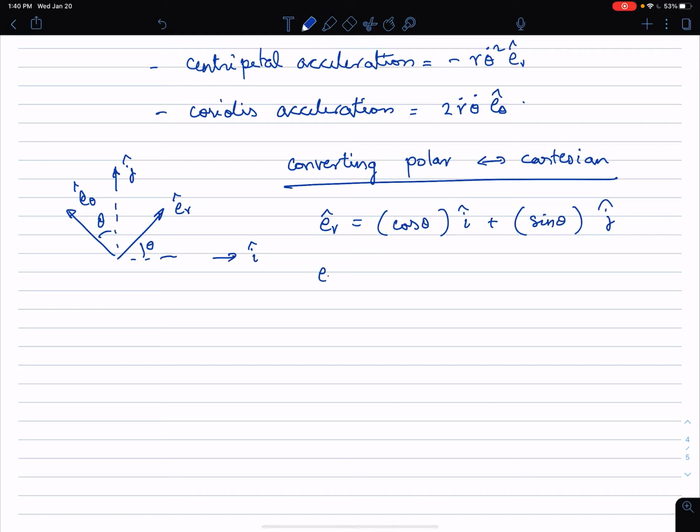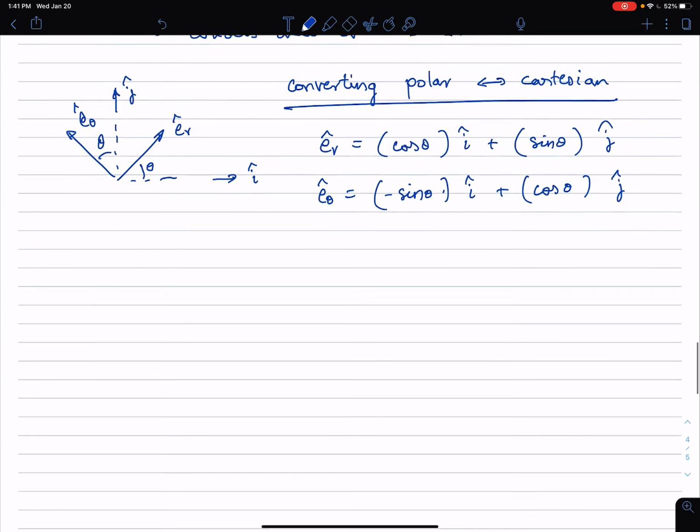And for e_theta, similarly, you can write it like this. Its component along the j direction is in fact cosine theta. Its component along the i direction is sine theta, but it's along the negative direction of i, so it's actually minus sine theta.